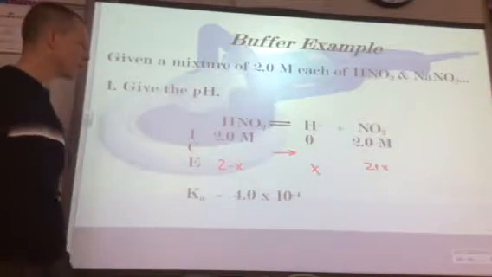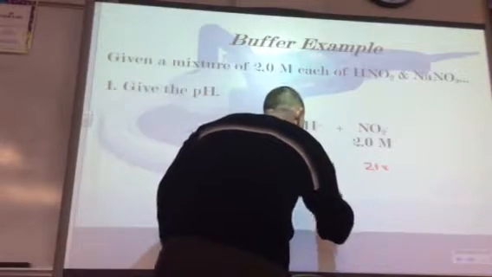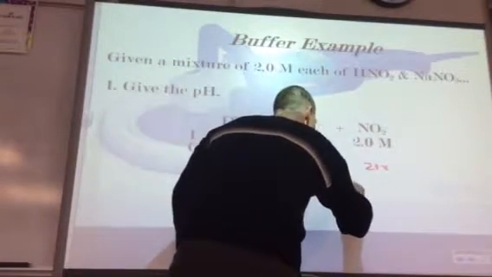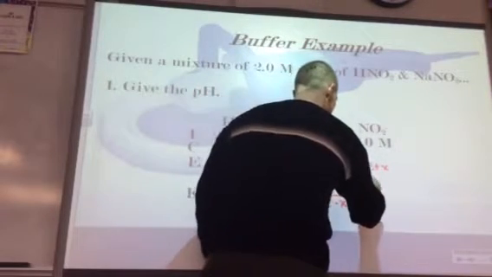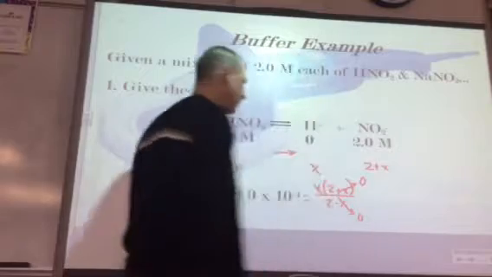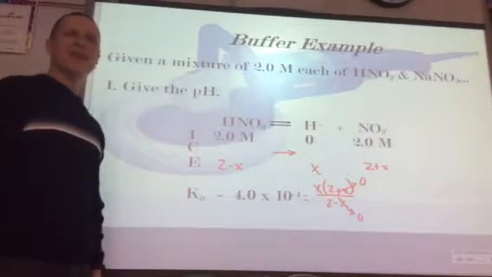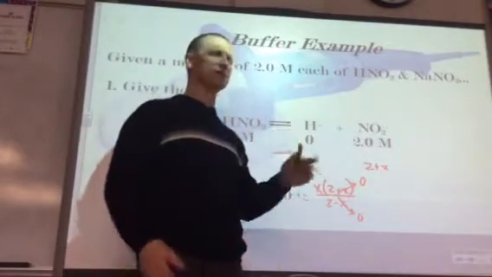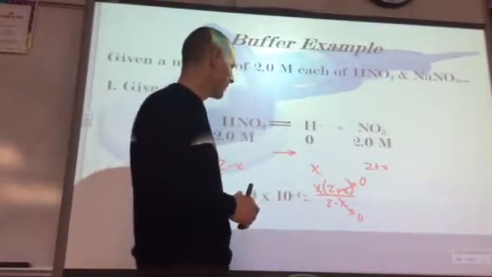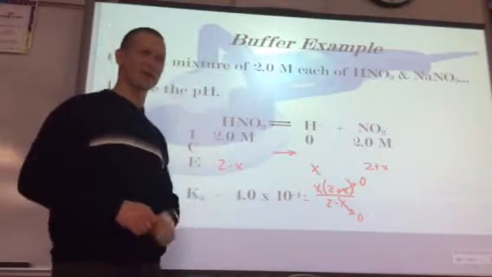Yes, the reaction is going to go to the right, and we're going to have a Ka value of x times 2 plus x over 2 minus x. And just like in the last problem, anytime you see an acid and its conjugate base with the same amounts, the hydrogen or hydroxide concentration is just going to be equal to the Ka or Kb.